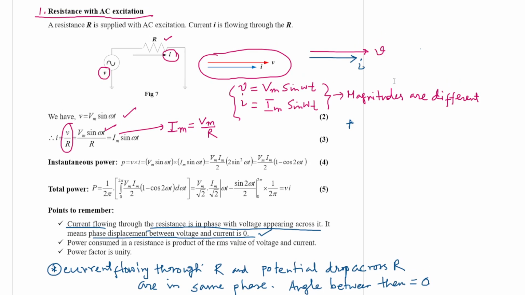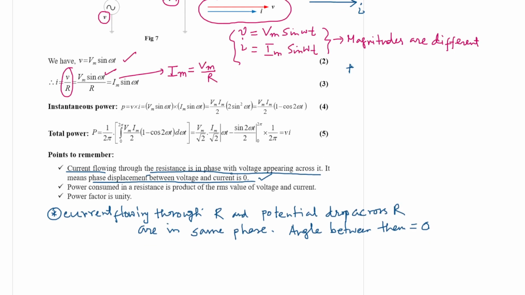Now what will be the instantaneous power? Instantaneous power is the product of instantaneous voltage and current, V into I. So V is equal to Vm sin omega t, I is equal to Im sin omega t.